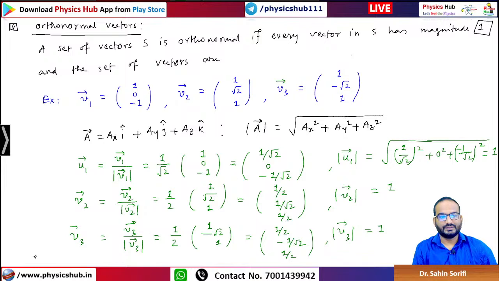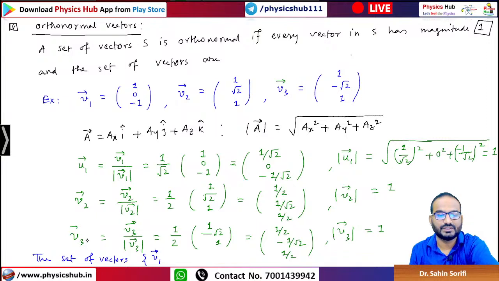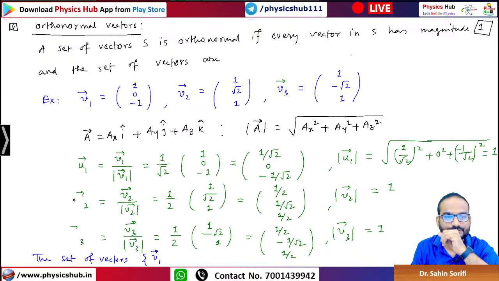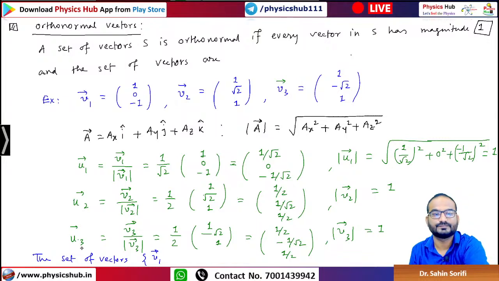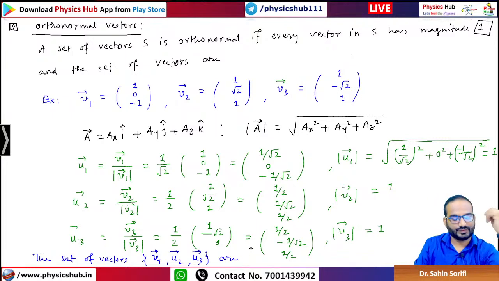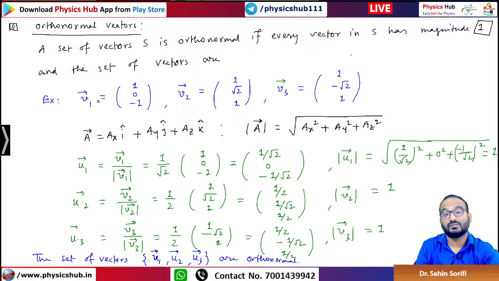Now we can say that the set of vectors u1, u2, u3 are orthonormal, but v1, v2, v3 are not orthonormal, although they are orthogonal. Okay, so I hope you have understood.